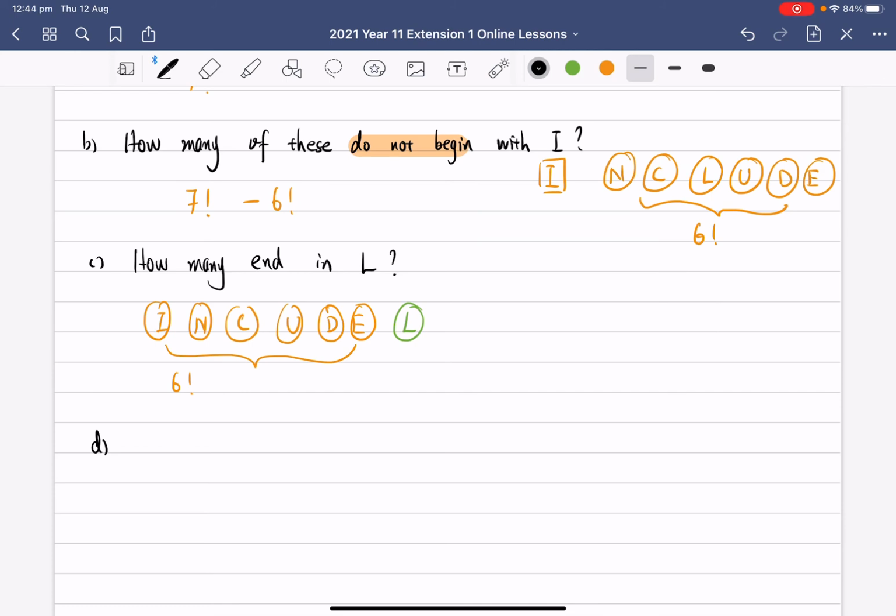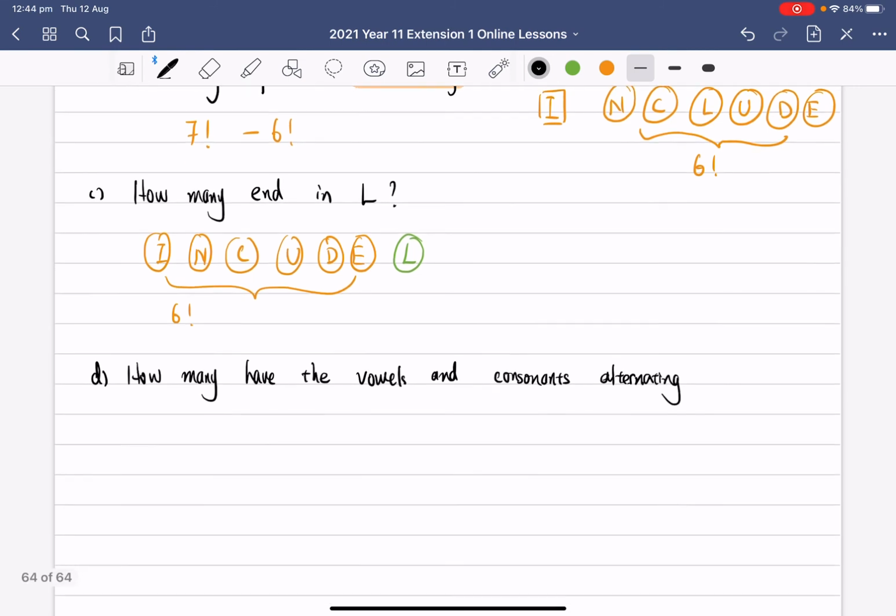Next, question D. How many have the vowels and the consonants alternating? We've done this before about alternating.